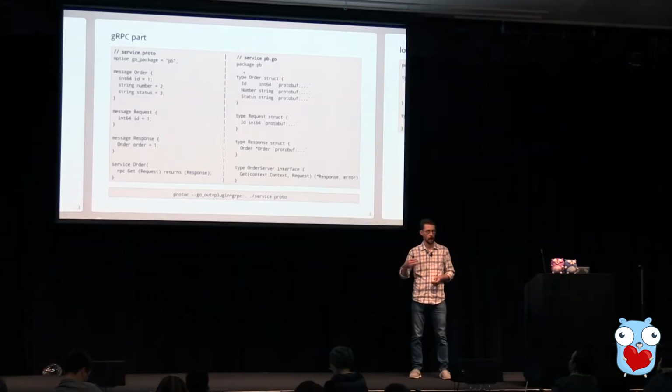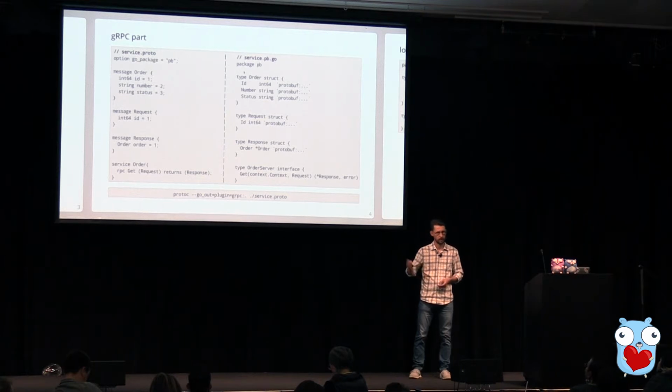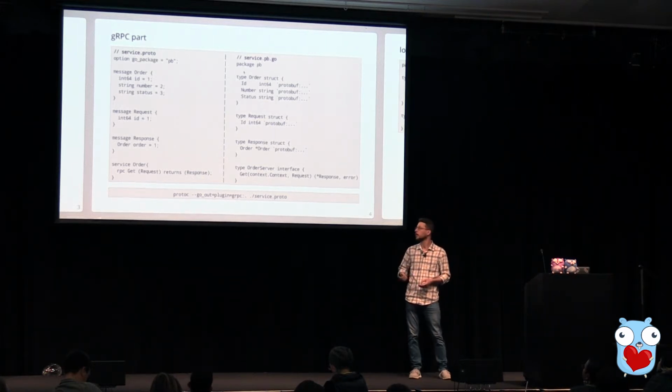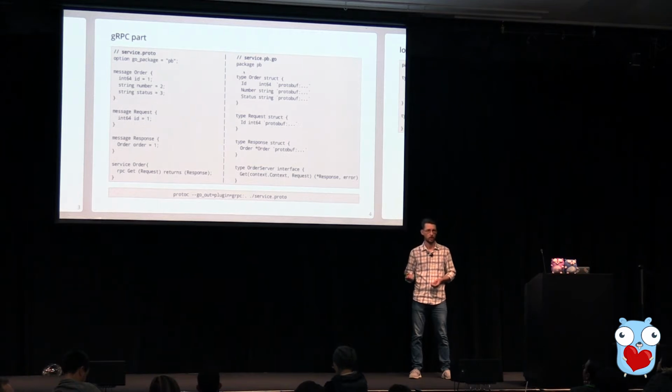On the right side, you can see the same service, but auto-generated with the Protoc compiler in Go code. It has similar structures and one order service, which is an interface with one method. And you can see the command which was used for this generation.